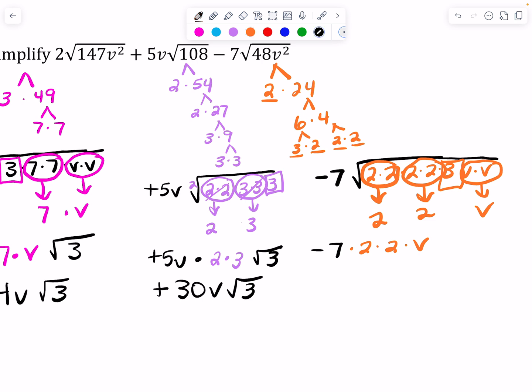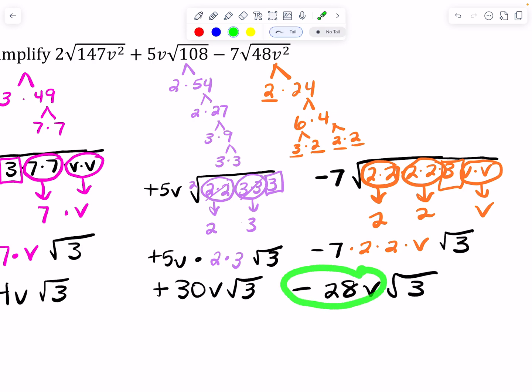And then we have the square root of 3 left underneath. And again, negative 7 comes down. Here's a 2, here's the other 2, and here's the v. So now that leaves us with negative 28v square root of 3. This negative 28v comes from multiplying those together.